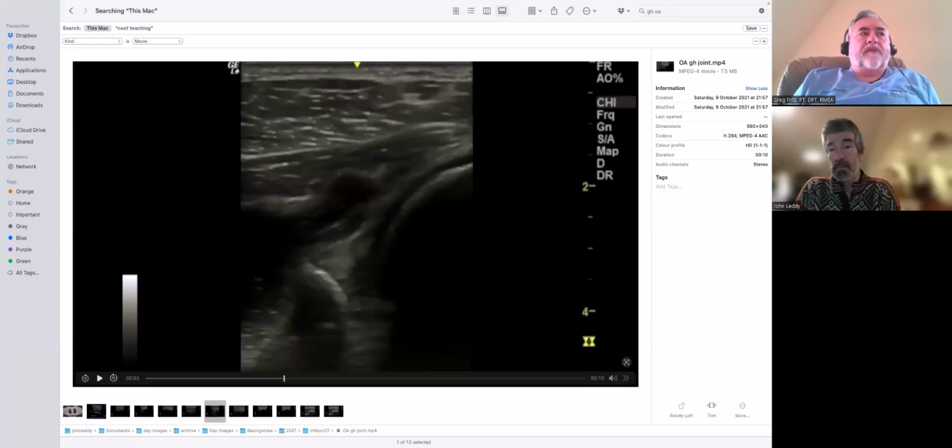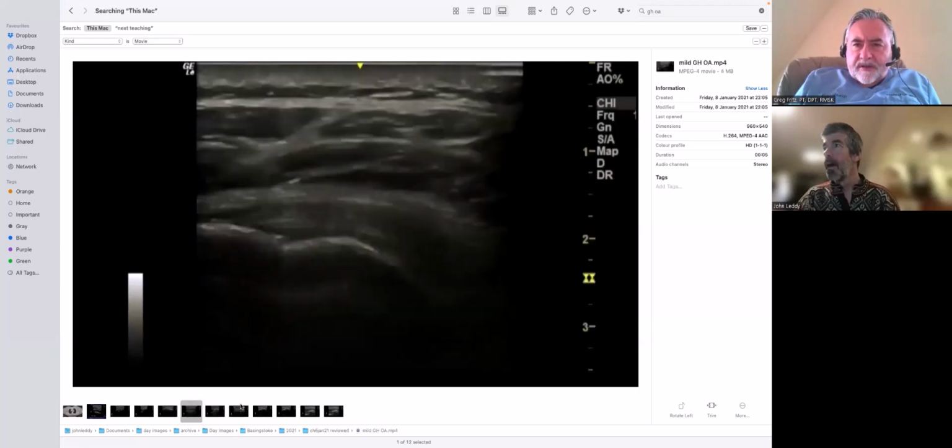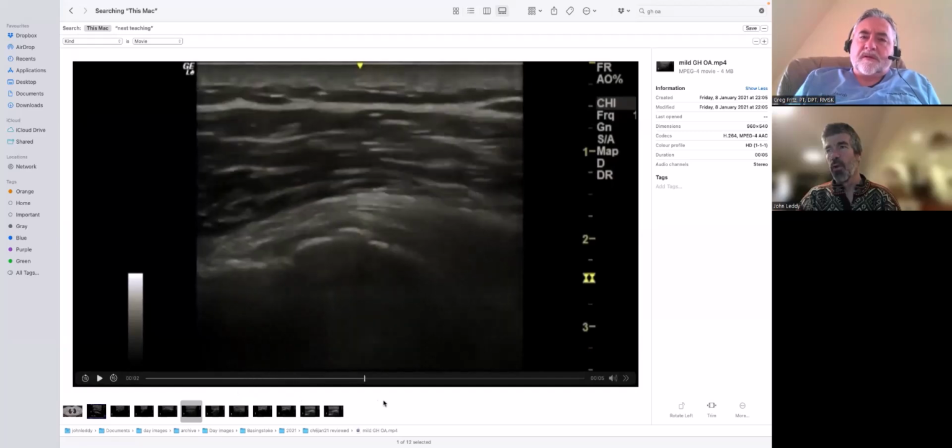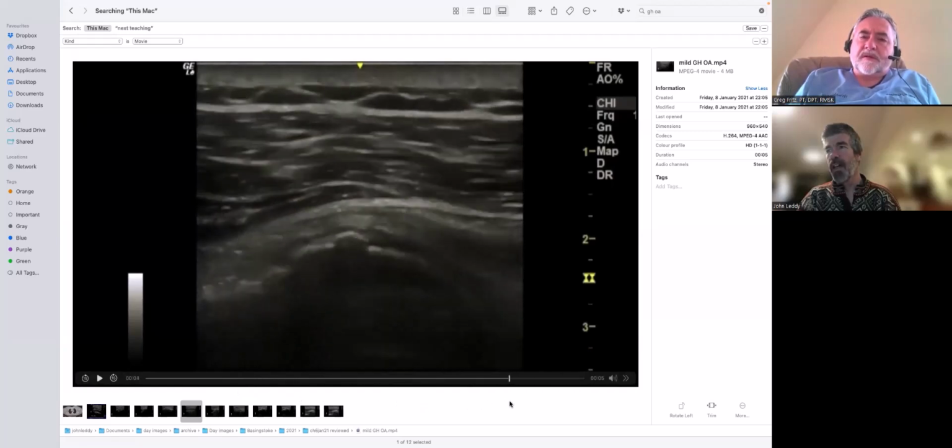And you're looking for osteophytes. You're not looking for loss or thinning of the dark articular cartilage? No, you don't. You're just not seeing enough of that for that.